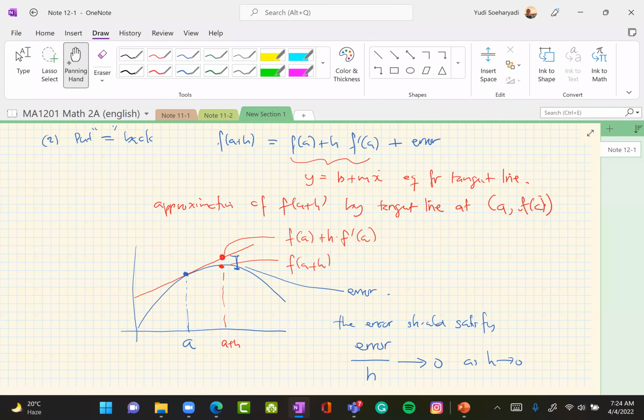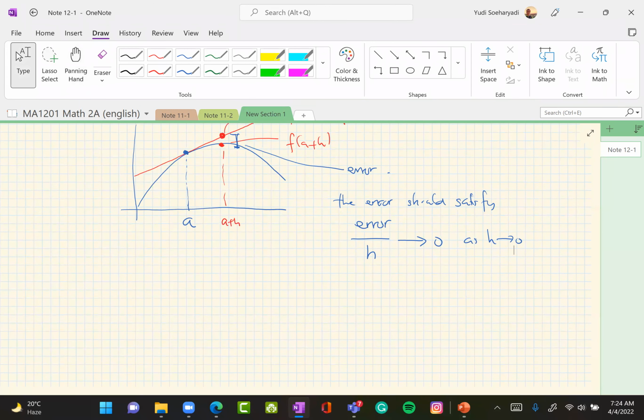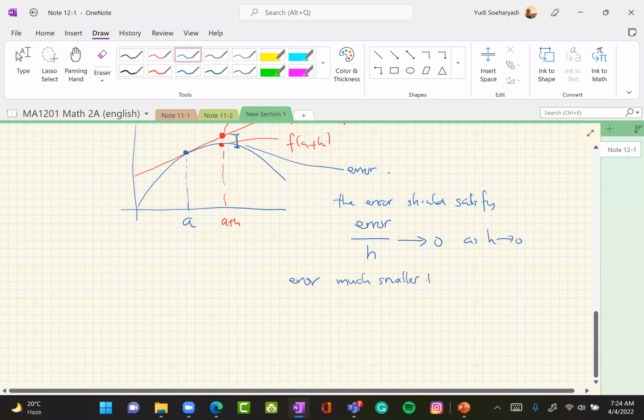That means the error is much smaller than h.